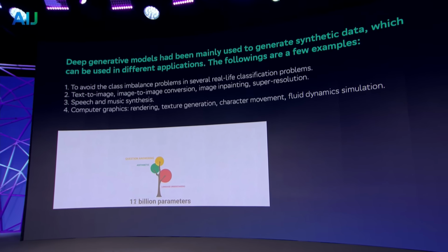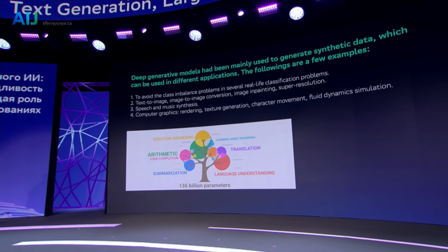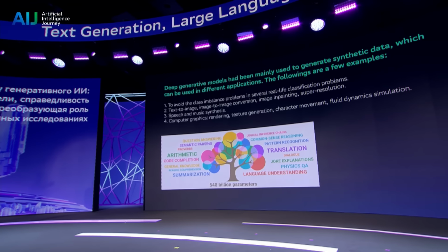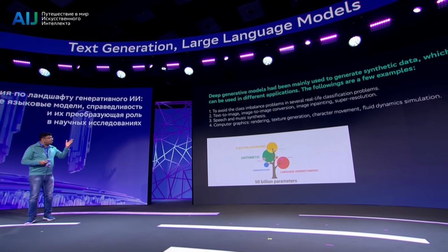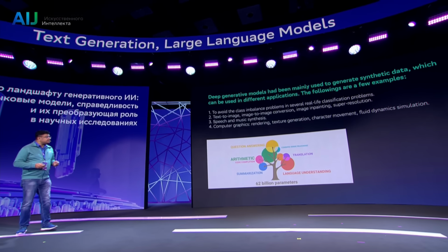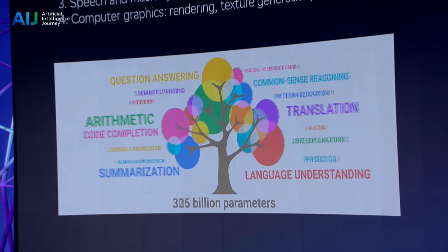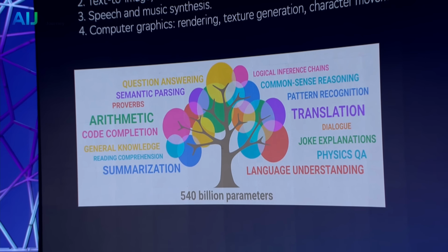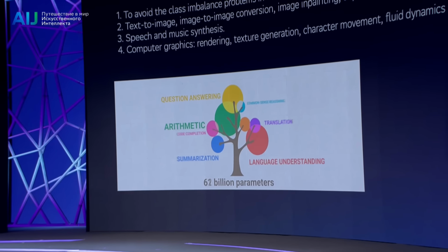And deep generative models are being used to generate synthetic data, which have lots of applications. Okay, one of these is to avoid the class imbalance problems, where one of the target classes has very few amount of data, and you need to artificially populate that class so that the classifier may not get biased towards the minority class.